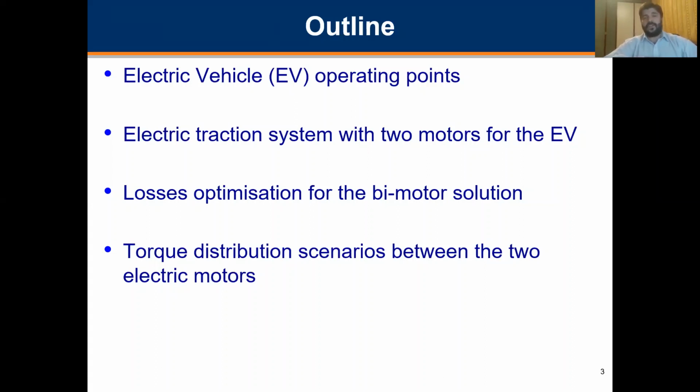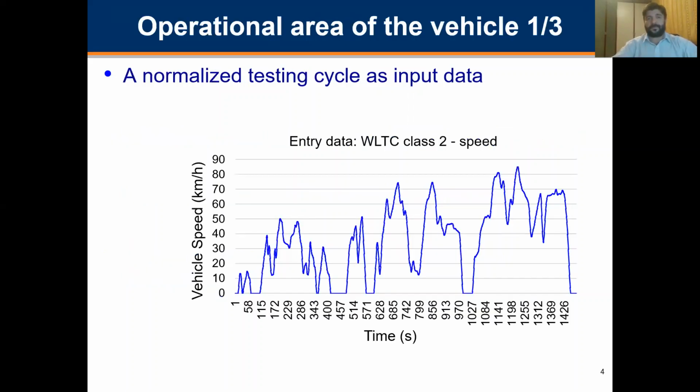Then the identification of opportunities for optimization using losses reduction for the bi-motor solution, and some scenarios studied in this research for the torque allocation between the two electric motors.